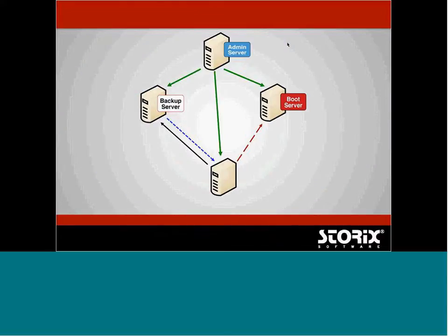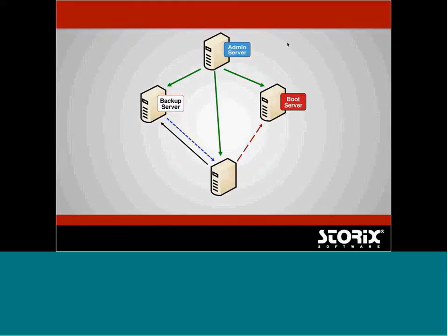Now, one of the things also is that this is very modular, so you can really break this up. A lot of people say, well, my admin is also my backup server. It's also the system that I boot from if you're going to do network boot. Well, that doesn't have to be the case. This is where that functionality comes into play in larger environments, because when you're booting Linux, you're talking about PXE booting, which limits you to the same subnet.